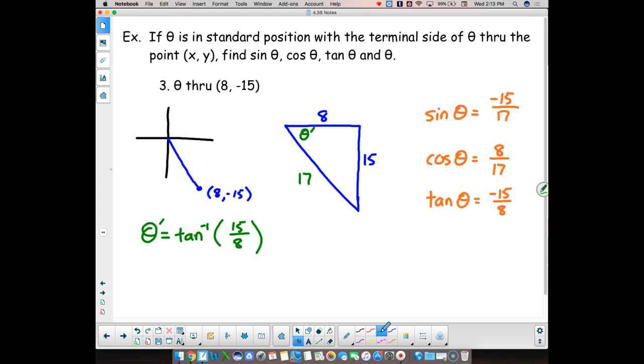Okay? So I got that my reference angle here is 61.928 degrees. Agree with that?